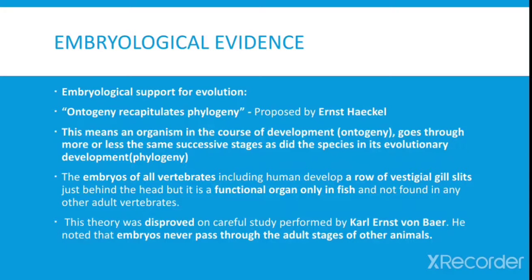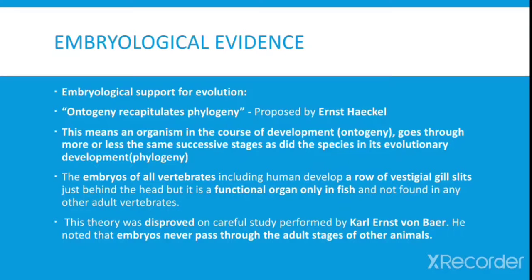This means an organism in the course of development, that is in the embryonic stage, goes through more or less the same successive stages as did the species in its evolutionary development. So ontogeny, that is during embryonic development, and phylogeny, that is evolutionary development. So ontogeny is recapitulating phylogeny.